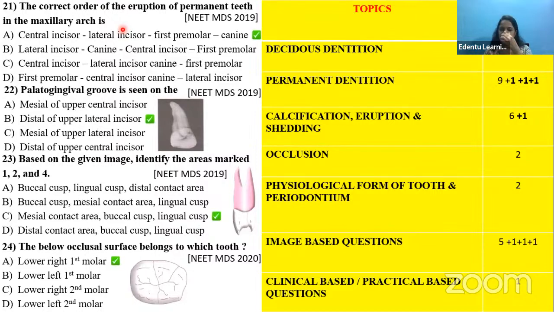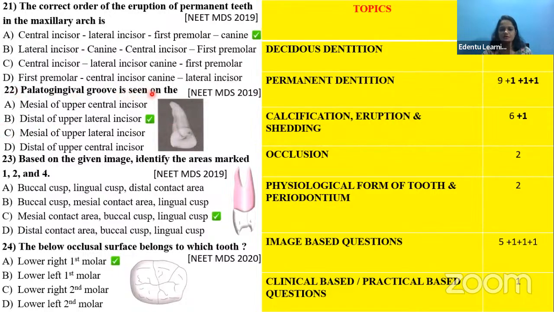Okay, so shedding sequence in the maxillary arch and the mandibular arch, and also the eruption sequence of both the primary and the permanent teeth in both the arches are extremely important. You must be thorough with that. Okay, so here it is option A, and we will put it under the eruption topic.